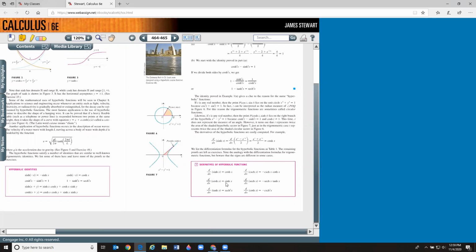Right? So again, this is just going to be a separate batch of derivatives you will have to memorize, unless you want to repeatedly have to go to this definition and derive these things again and again. That will be time consuming. So you really should lean towards simply memorizing these derivatives.